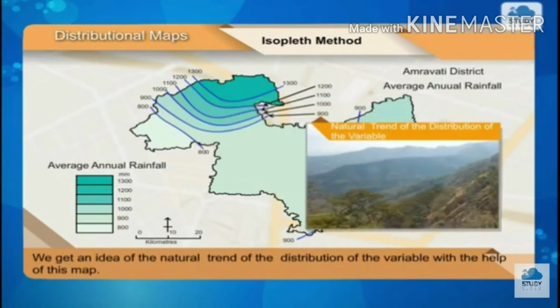From 1300, the lowest rainfall is 800 millimeters. The rainfall goes on decreasing from north to the south and towards the east too. The lowest rainfall value is 800.